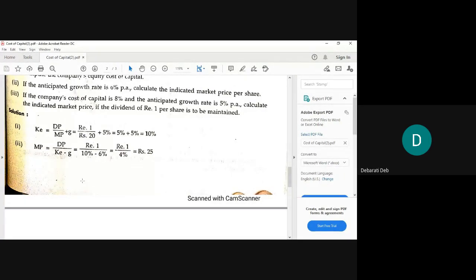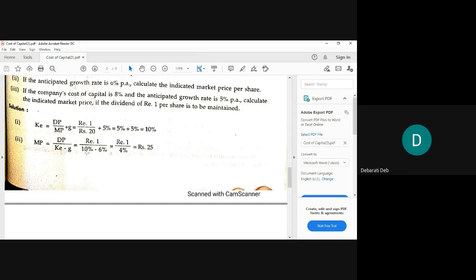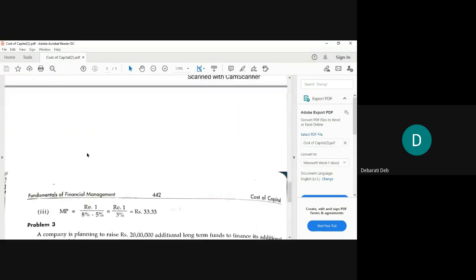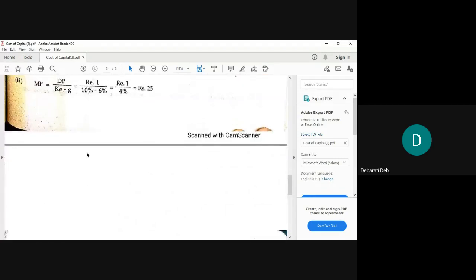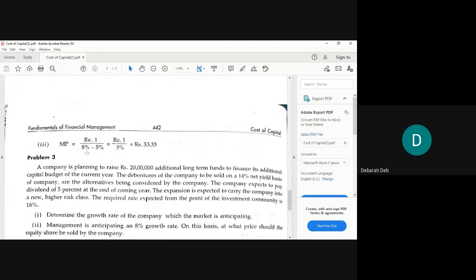So you will now again use the same formula, MP equals to dP by KE minus G, and in place of KE you will now write 8% or 0.08, and in place of growth rate, that is G, you will write 5%. These are given now. So do this.